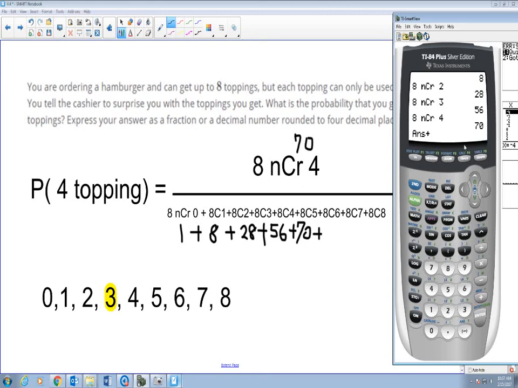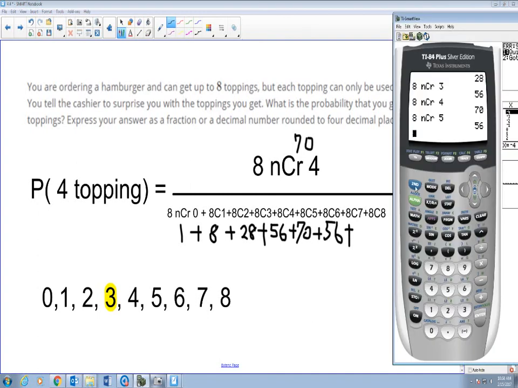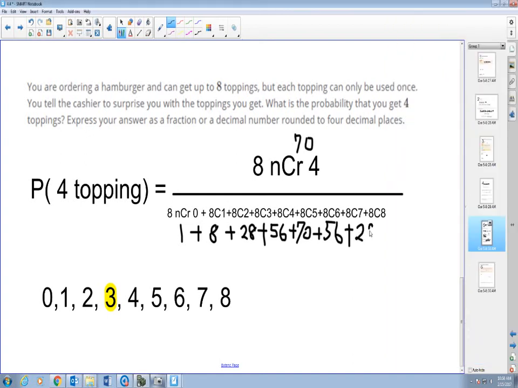I'm gonna just write down one by one. 56. No surprise what the next one is going to be. I bet it's gonna be 28, choosing 6 of them. Yep. So as you can see, 8 choosing 7 toppings has got to be 8, and 8 choosing 8 has got to be 1.